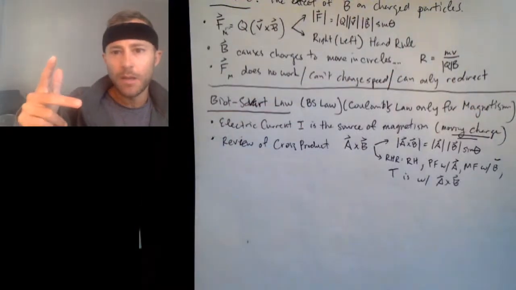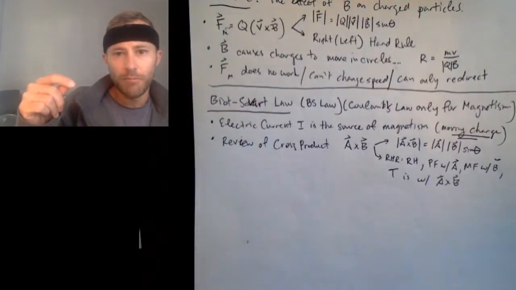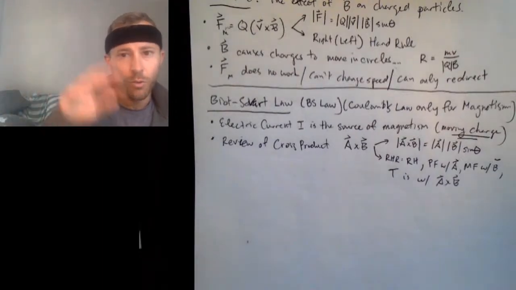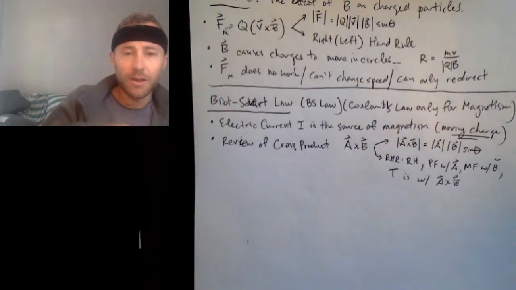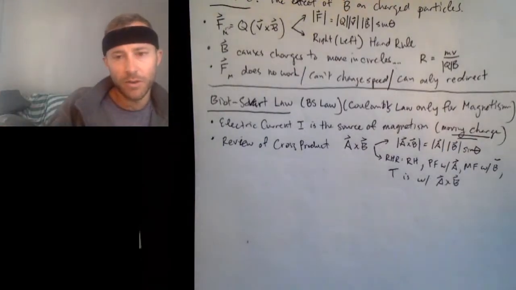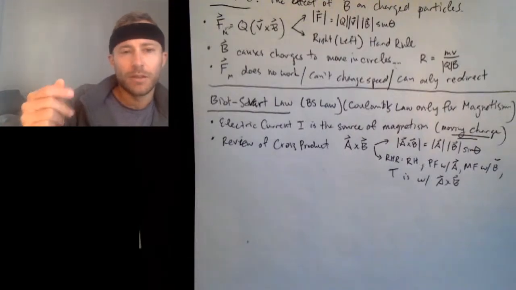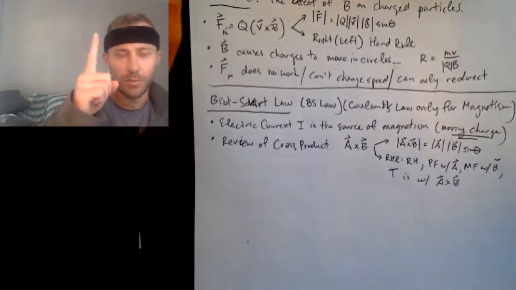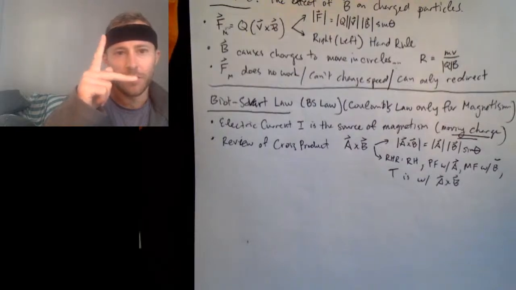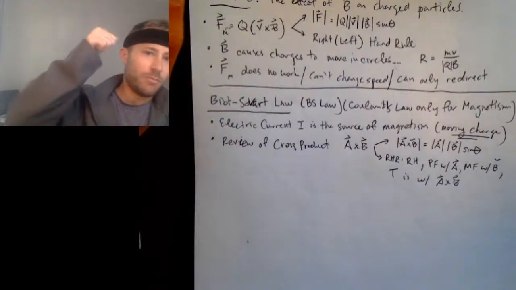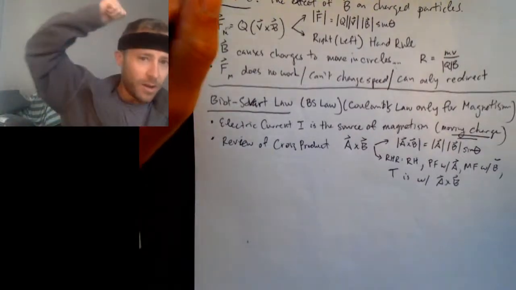With cross products, the order matters. A cross B is not the same thing as B cross A. In fact, they're opposites of each other. If you have your pointer finger going up and your middle finger going to the right, that leads to a cross product back towards the wall behind me.